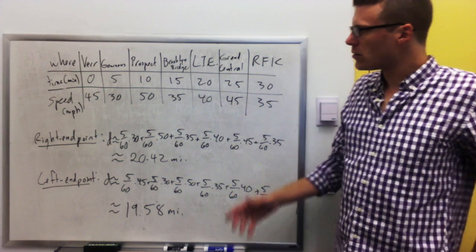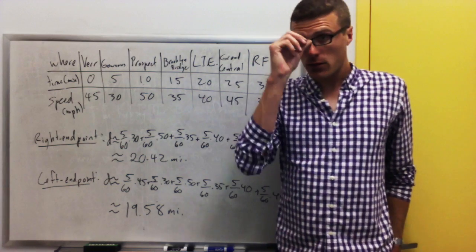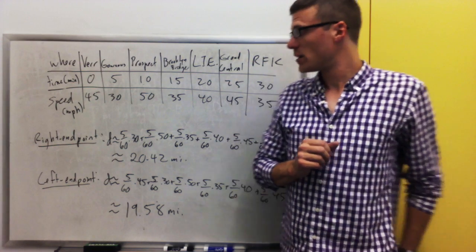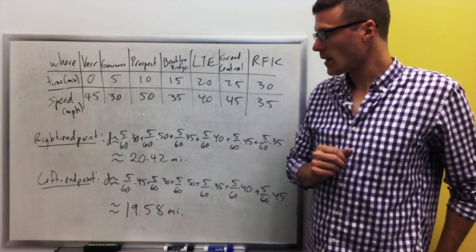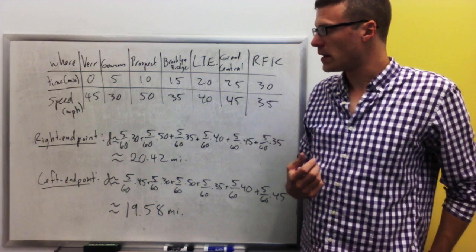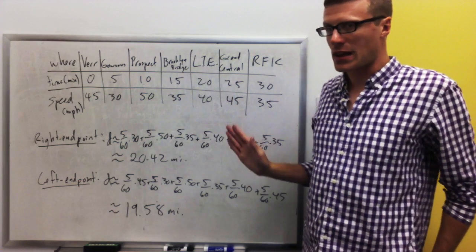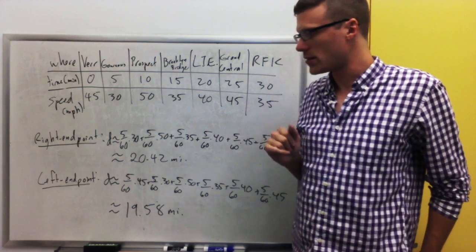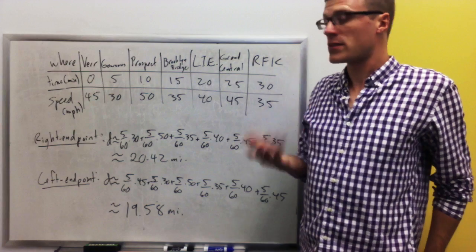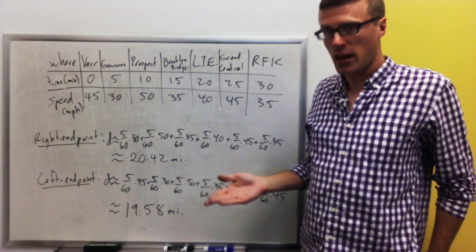Now what I can do is estimate how far I've traveled over each time interval by using the speed, either at the beginning of the time interval or the end of the time interval, the left or the right, to estimate how fast I was going over that entire time interval.